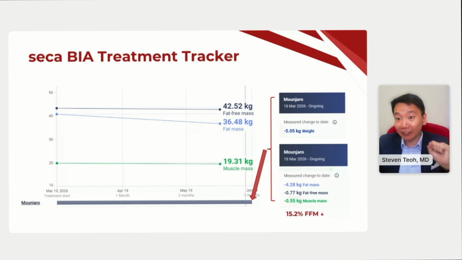So this is less than the quarter FFM rule. If there are any changes in the treatment plan, we can add or delete from down there. So we can see how the patient's body composition fluctuates depending on the treatment plans that we give. I think that the treatment tracker really upgrades the user experience in using the software.